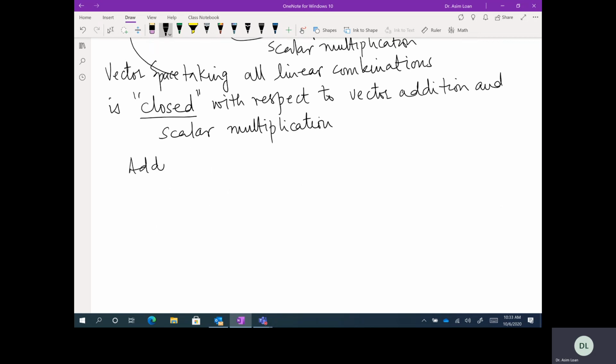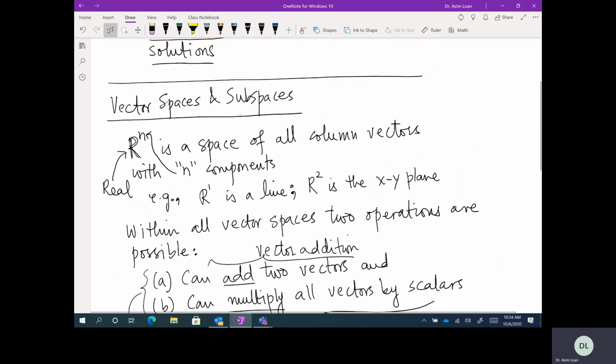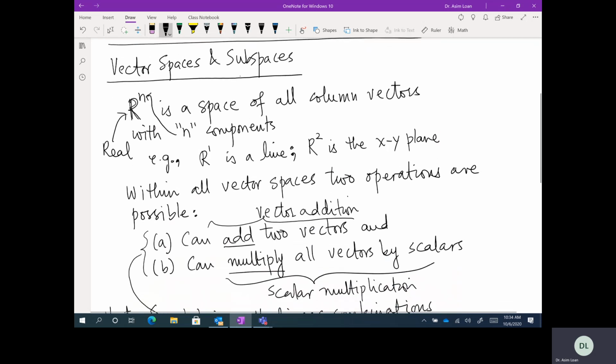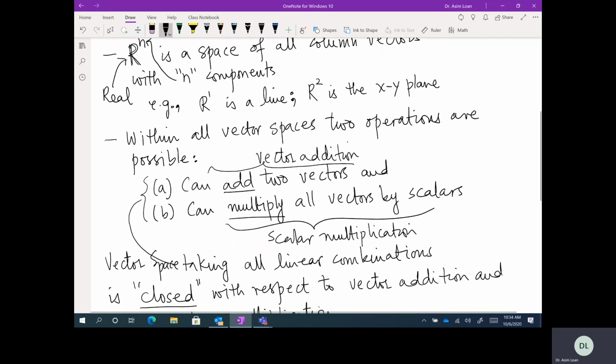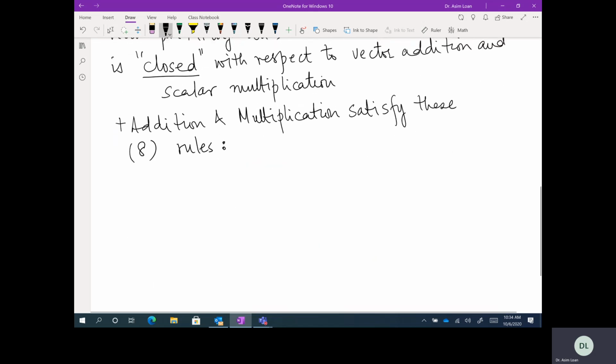Addition and multiplication satisfy these 8 rules. Actually, there are only 2 or 3 that are important. Others are just a reiteration of the same thing. And what are these 8 rules?